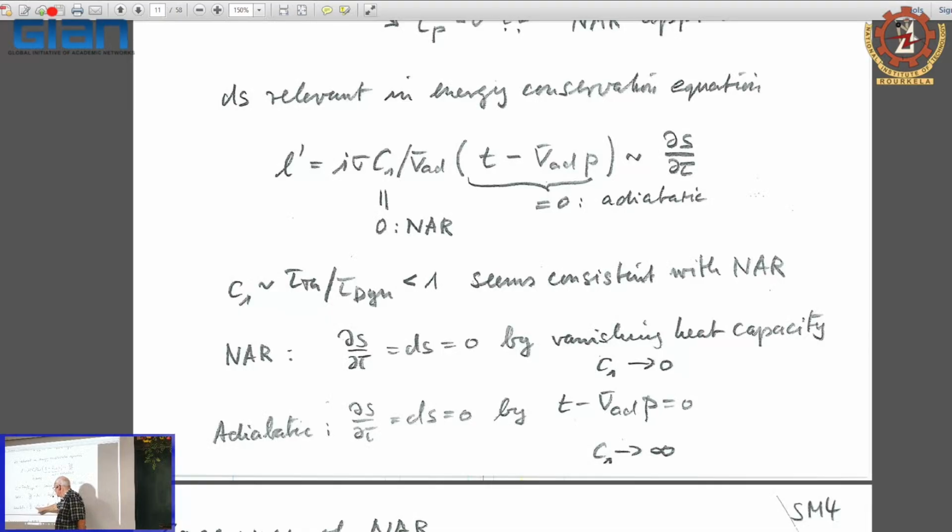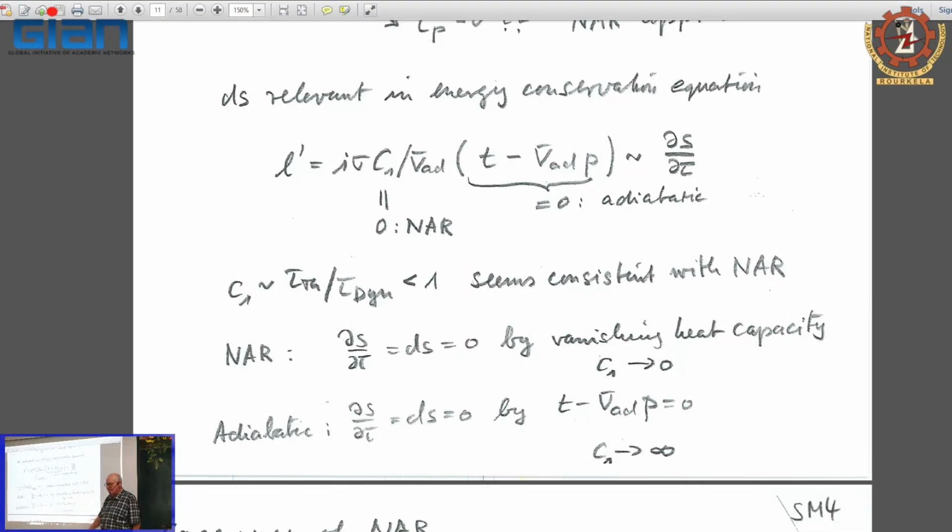Adiabatic means ds by dt or ds is 0 by t minus nabla adiabatic p by adiabatic changes of state, and this is enforced or given by C1 going to infinity. So we get the same result. ds is 0 once by having 0 thermal timescale and once by having infinite thermal timescale.